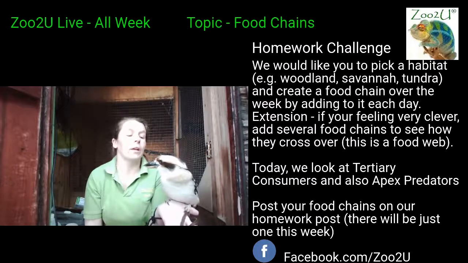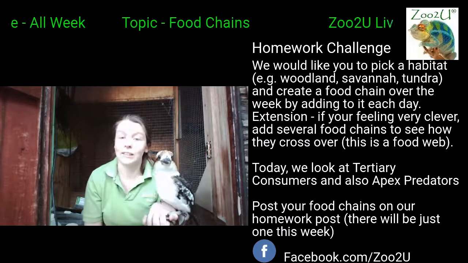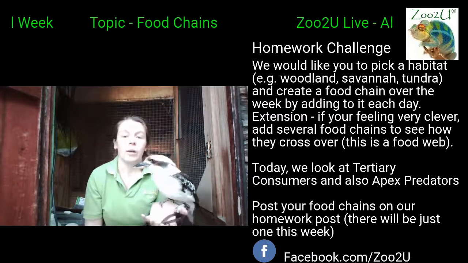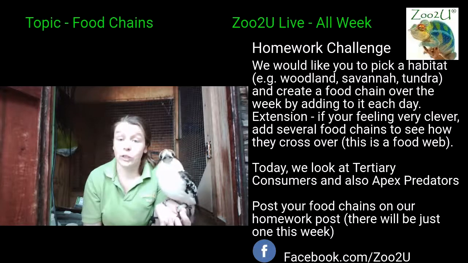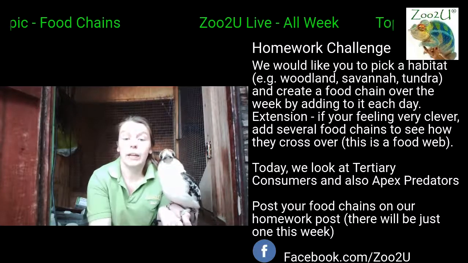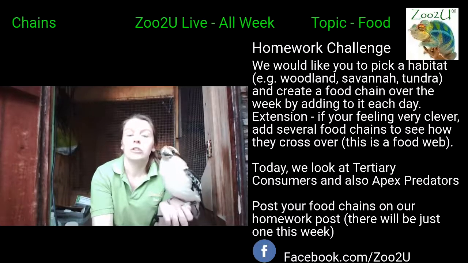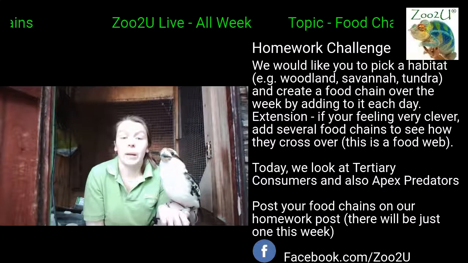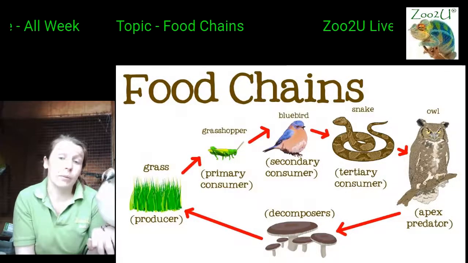So today we are going to be looking at tertiary consumers and apex predators. There's lots of fun things to learn about these guys and where they sit in their food chain. First, a recap of what you've looked at this week. On Monday you met Melissa and spoke about the producers, which is everything green pretty much.